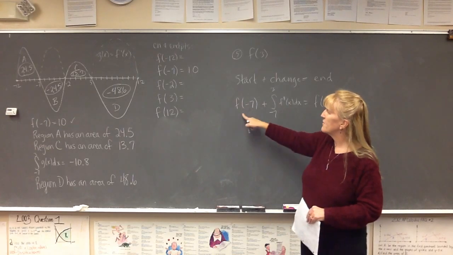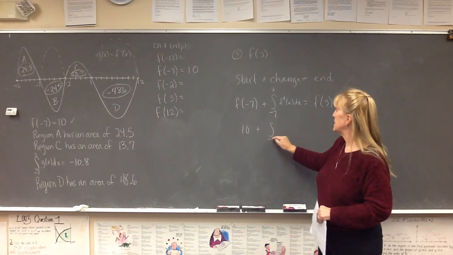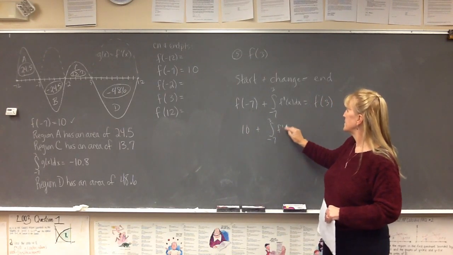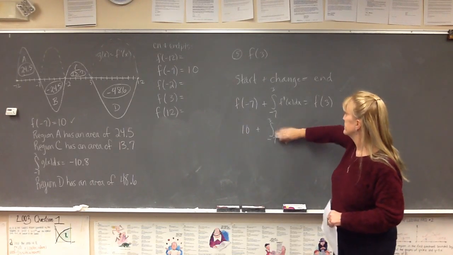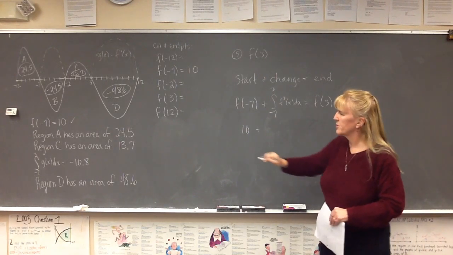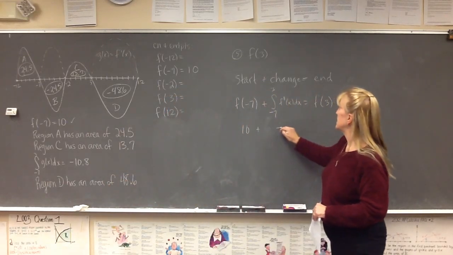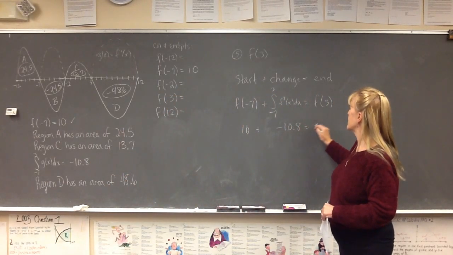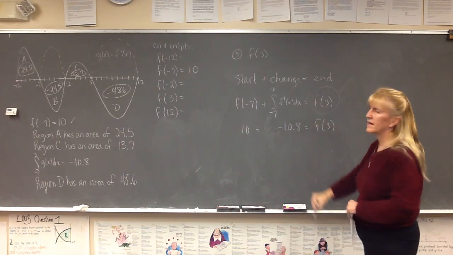Okay, so f of negative 7 is 10. This is the integral between negative 7 and 3, which, silly me, is negative 10.8, so I'm going to put negative 10.8 right here, and that's going to give me f of 3. I like to circle the thing I'm trying to find.